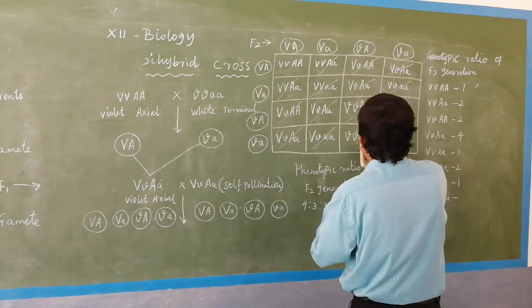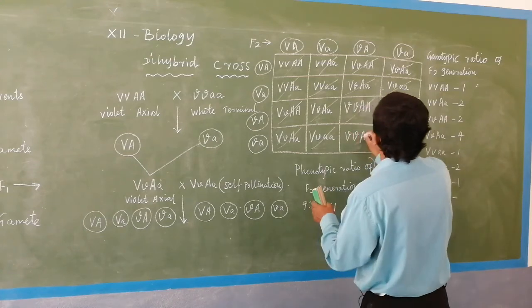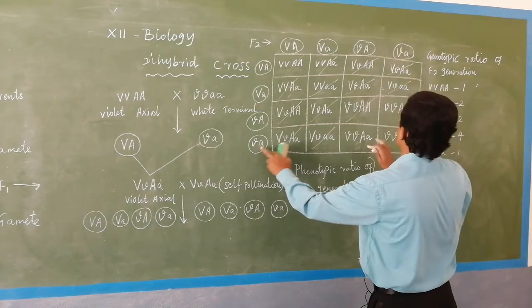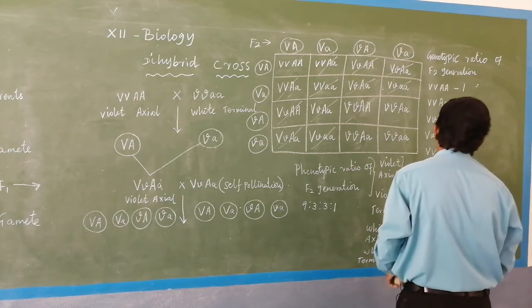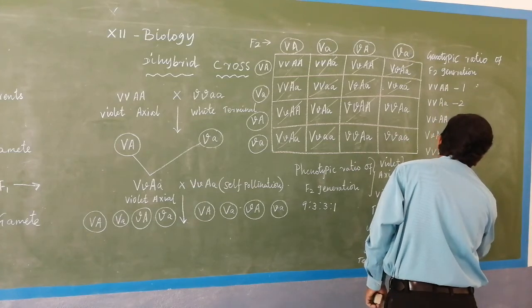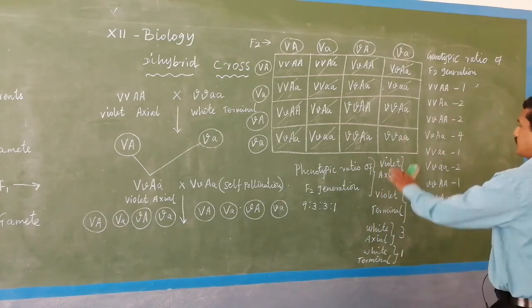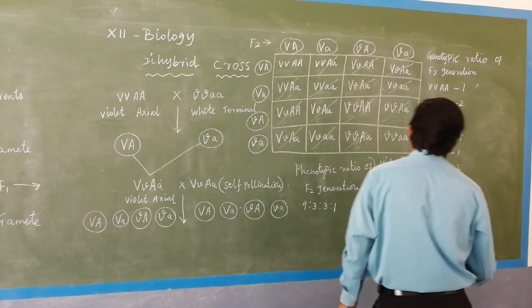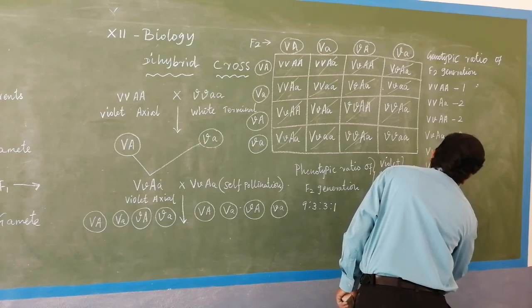Here a mistake, so capital A is put: capital V, small v, capital A, small a. Here capital A will come. Then how many? 1, 2. Then the last one, white and terminal, homozygous, small a: 1.